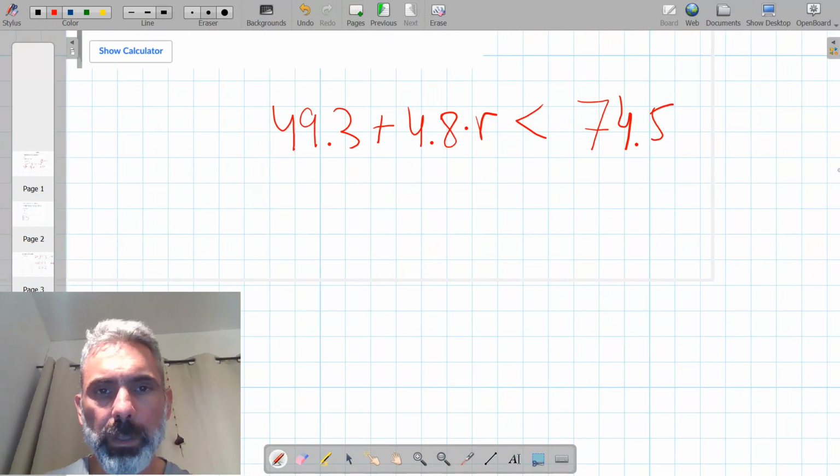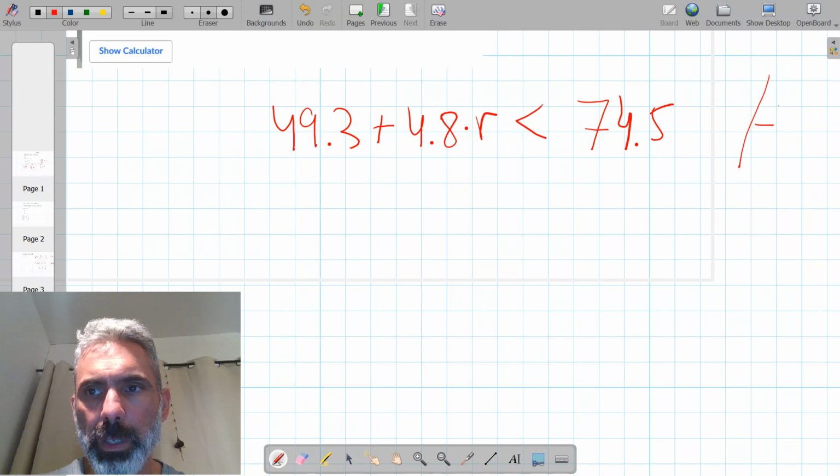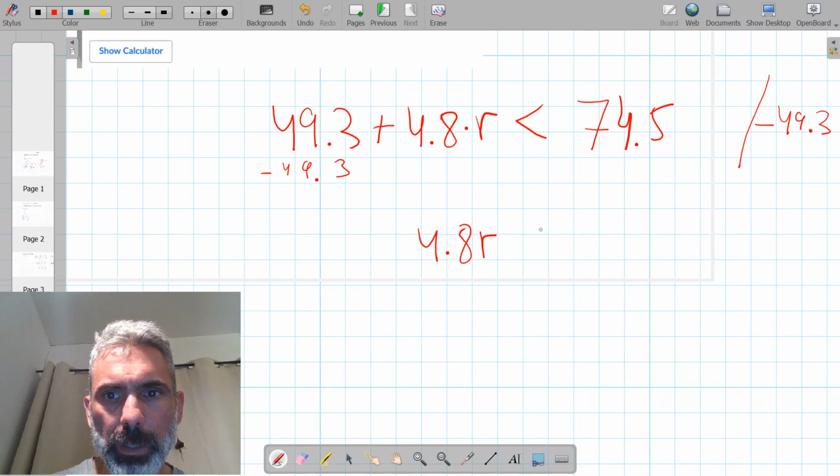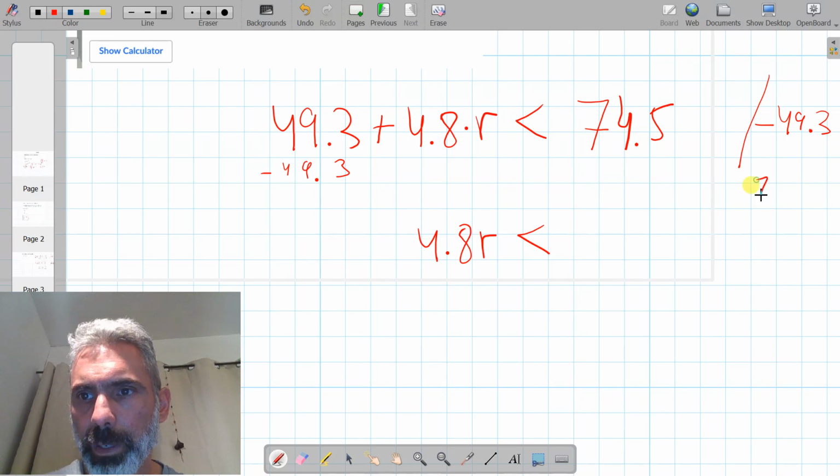So first, we need to subtract 49.3 from both sides of the inequality. So minus 49.3. I'm left with 4.8 times R has to be less than 74.5 minus 49.3. 5 minus 3 is 2.